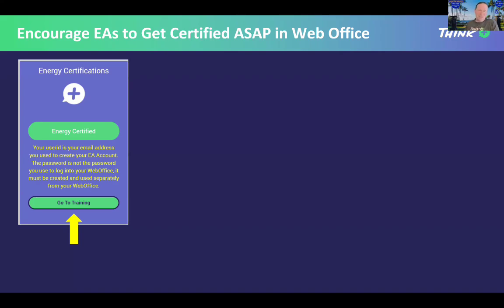And then once they're in the web office, they go to the energy certifications widget. It's right on their dashboard. They don't have to find it. They don't have to search for it. They just scroll down either on their phone or on their computer. They don't have to go anywhere except on the dashboard. They click on go to training right there.